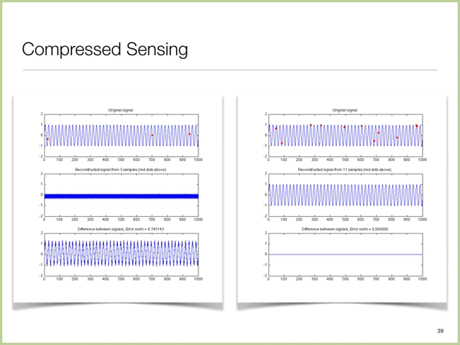So last lecture we talked about how the process of sampling or making measurements can be made more parsimonious, so that instead of sampling at the Shannon-Nyquist rate, you can approach it from a couple of different directions.